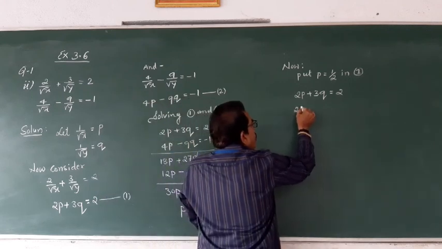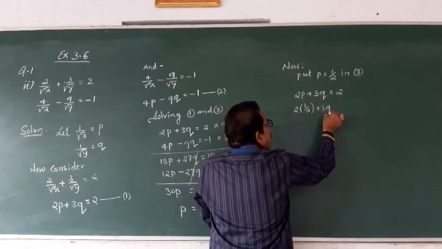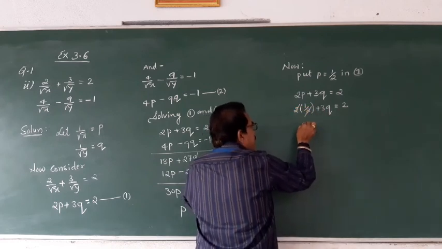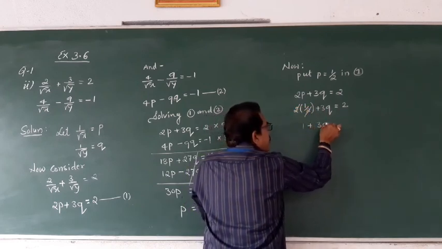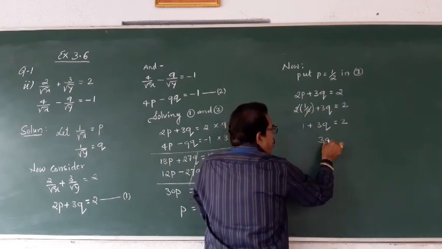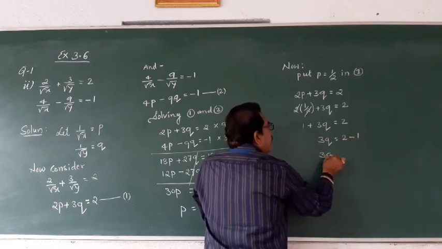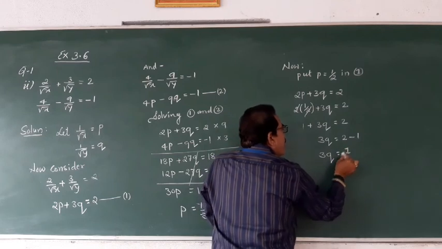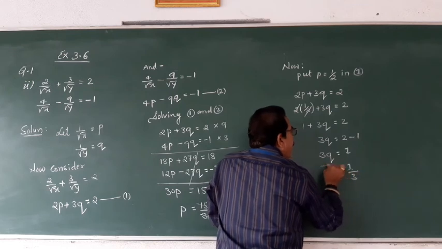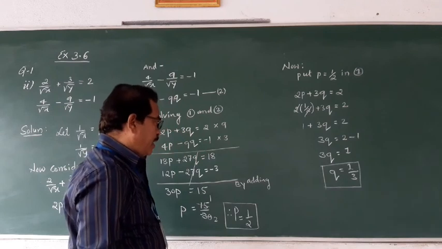So 2p means 2 times 1 by 2, plus 3q equals to 2. The 2s cancel. 1 plus 3q equals to 2. 3q equals to 2 minus 1. 3q equals to 1. q equals to 1 by 3.